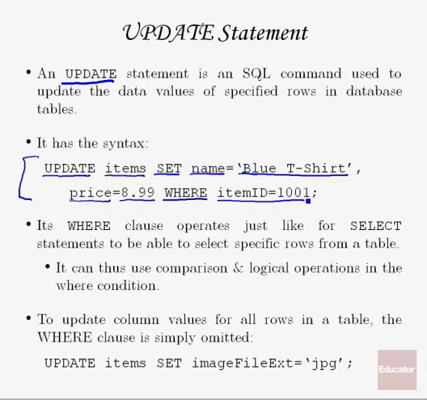So what this entire query is saying is update the item 1001 row in the items table so that its name is blue t-shirt and its price is $8.99.